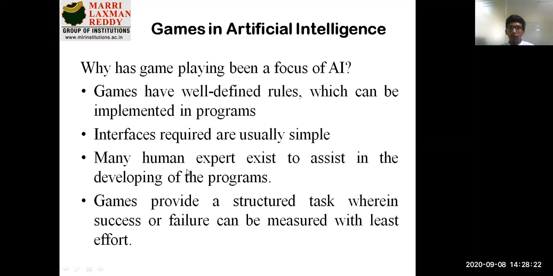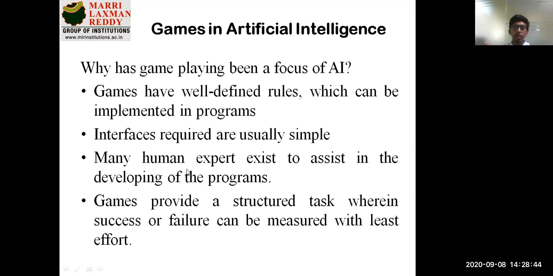Also, games provide a structured task wherein success or failure can be measured with least effort. That's very simple. Take the previous example, a Ludo game. Once all four coins are inside your home, the game will end, and the opponent will be taken as a loss or failure.